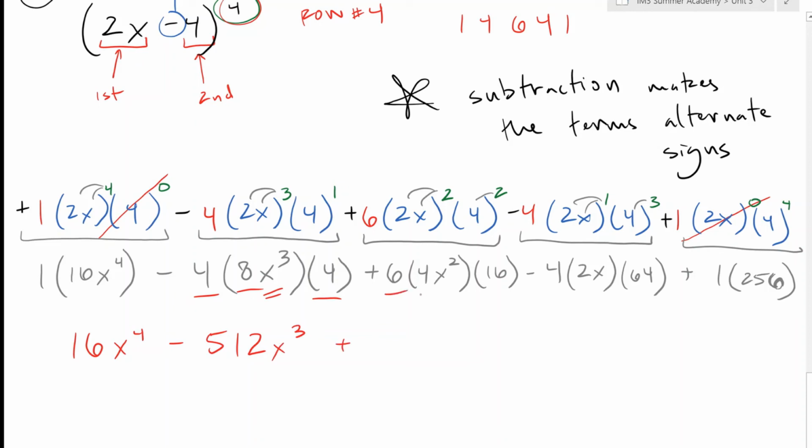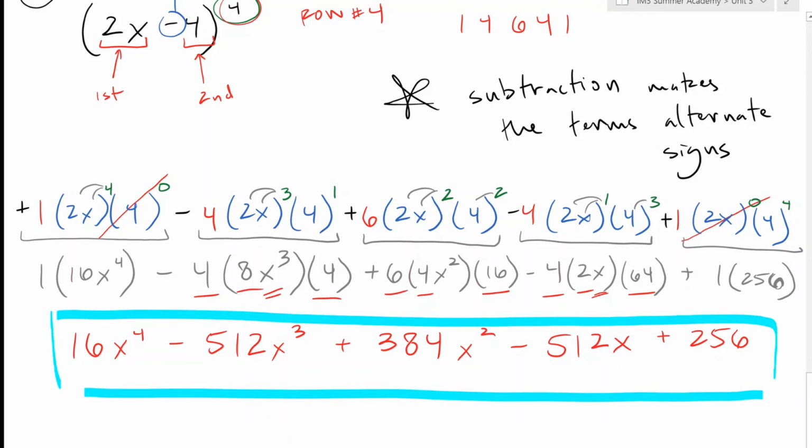Plus 6 times 4 times 16, 384x squared. 4 times 2 times 64, that's a negative number, 512 again. Still have that x. And finally plus 256. So again, we would have gotten there by multiplying it all out, but this, if we just follow the pattern, gets us there a little bit faster.